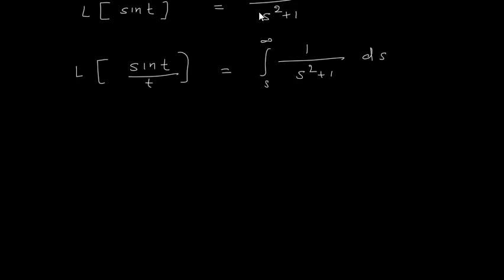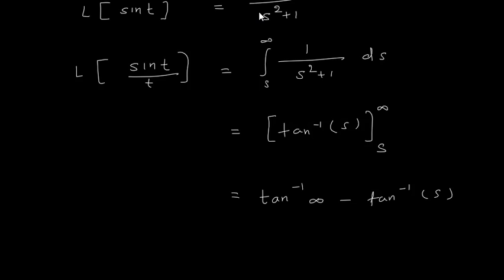This will give me the answer tan inverse s, and the limit which I will use is s to infinity. So I will put the infinity value first, so it will be tan inverse infinity minus tan inverse s.